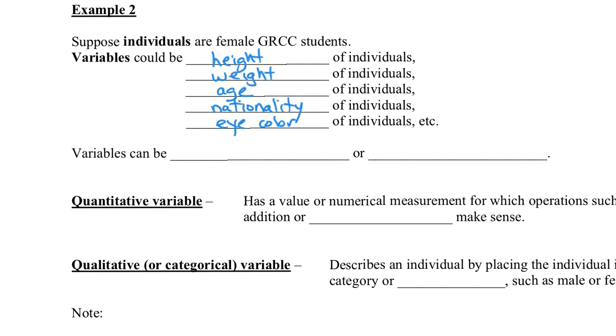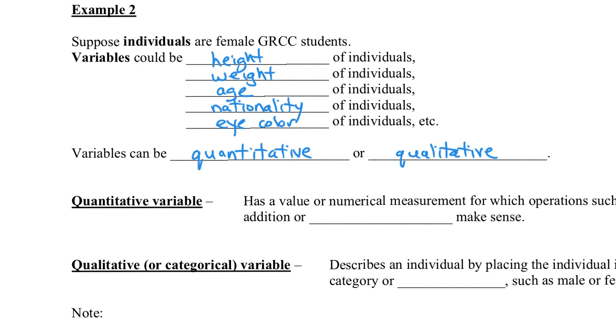Okay, and variables can be quantitative or qualitative. We have to know because they require different sorts of mathematics, so we need to know which one we're using.